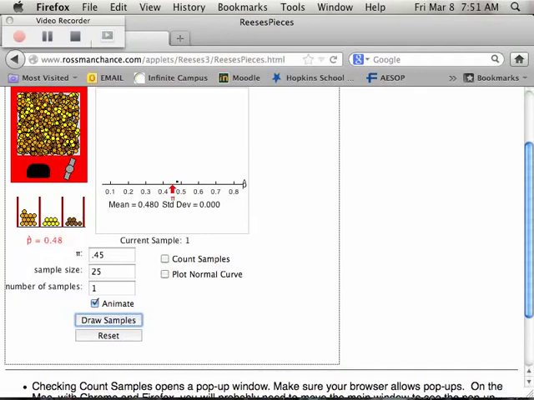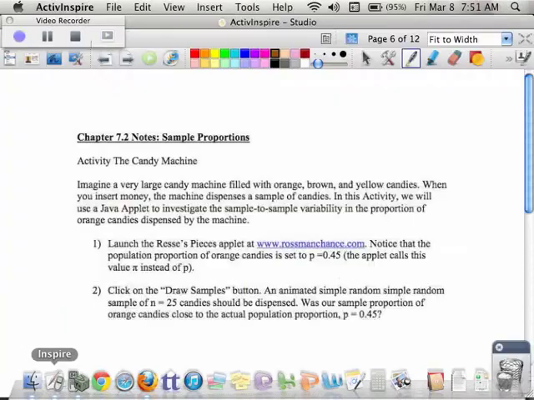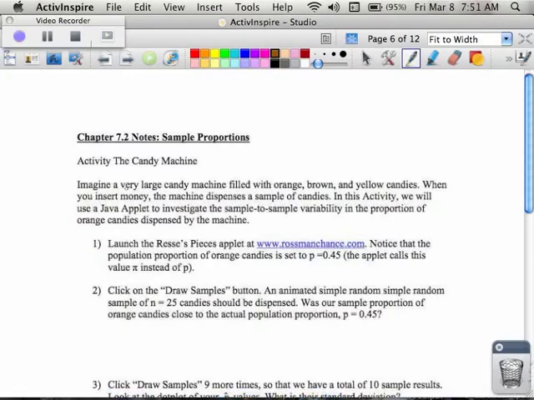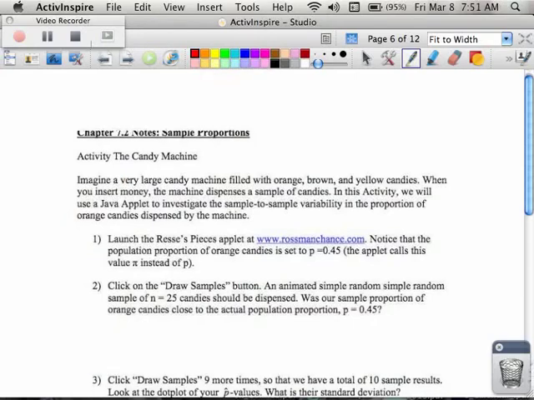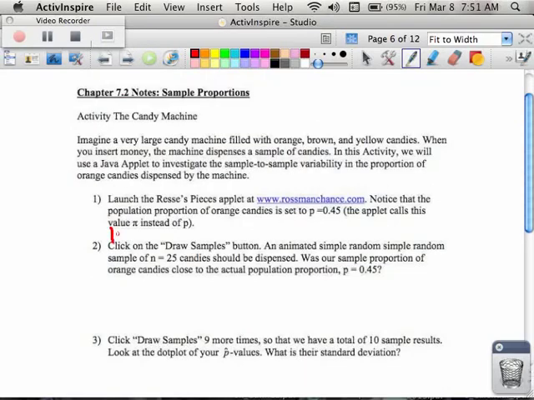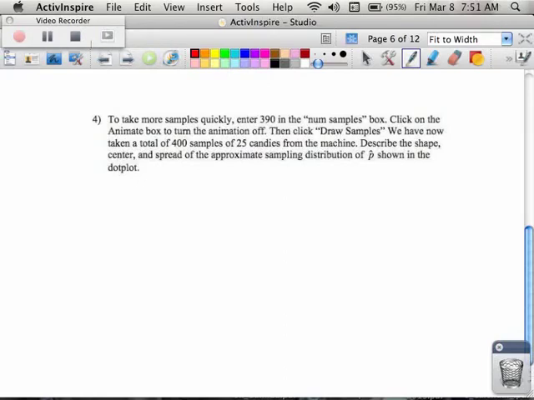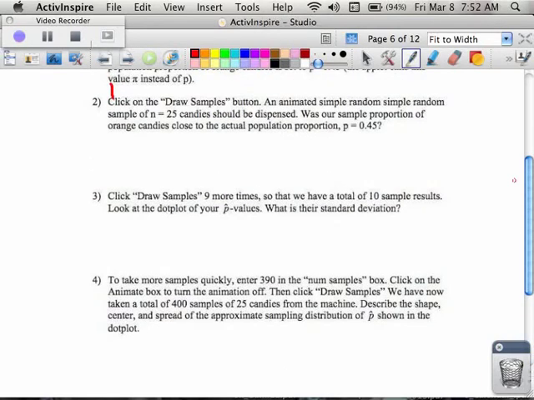So now, in our first sample, back in our notes, I notice that my first sample had a p-hat of, what did I say, 0.48.